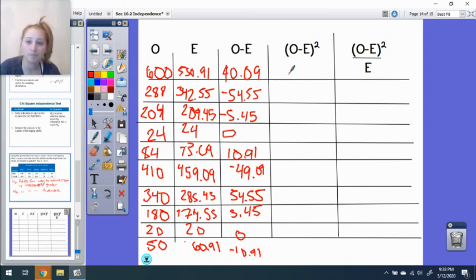All right, then in the next column, I'm squaring that. And finally, for this last column, I am dividing the column to the left by the expected value in that particular row.